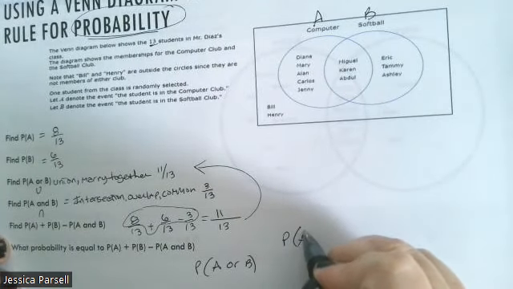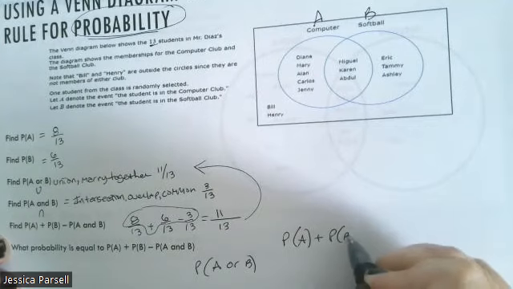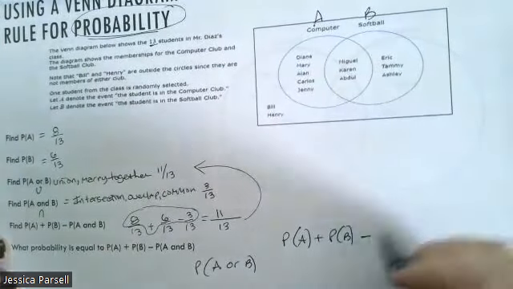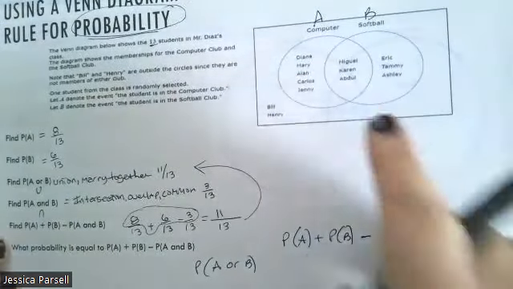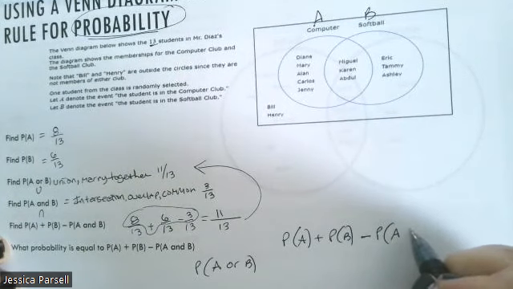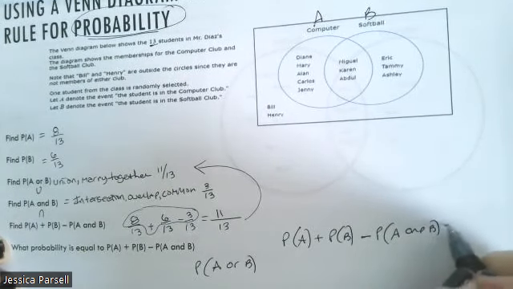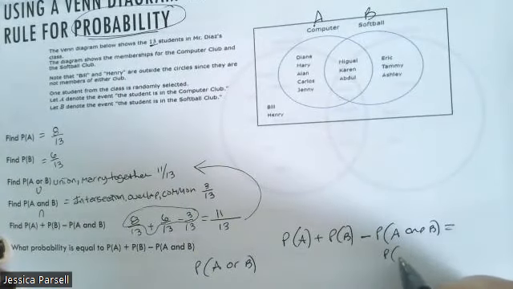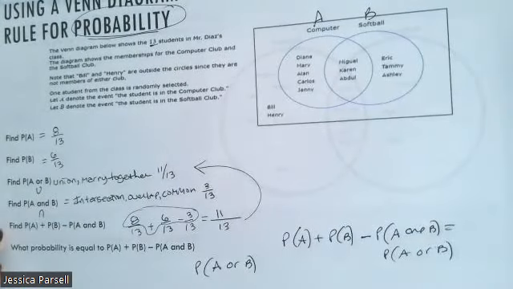We know the probability of A plus the probability of B, so all in A plus all in B, minus what's in common, because you don't want to double count these people, the probability of A and B, is always going to be equal to that union, the probability of A or B. All right, so hopefully that makes a little sense.